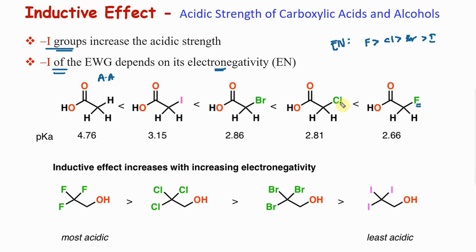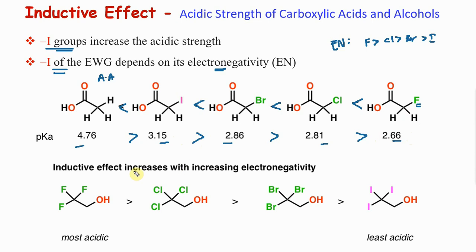Here fluorine is greater than chlorine, greater than bromine, greater than iodine, hence the acidity follows this order. You can reflect this in the pKa values. You don't have to remember the pKa order; this is just for reference. What you need to know is that if asked for the acidity order, you should be able to draw it. The acidity order is the opposite of the pKa order.